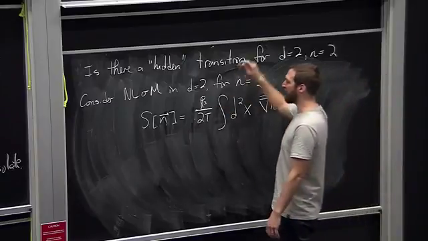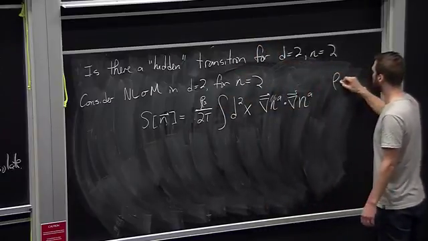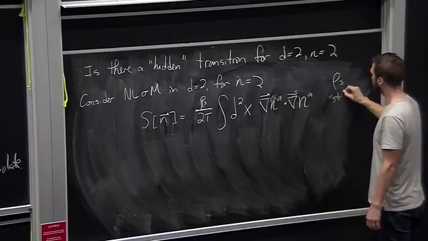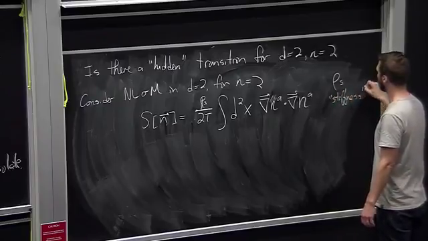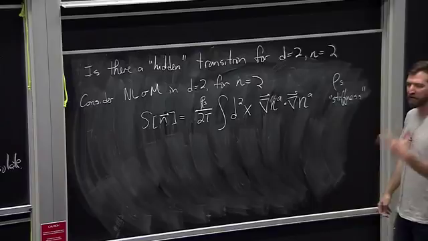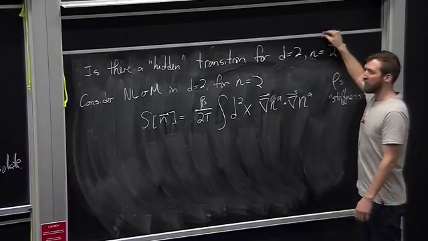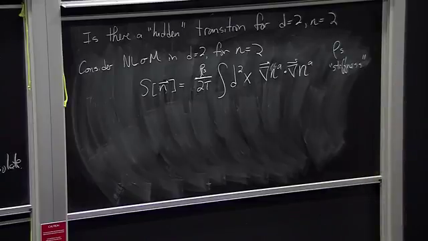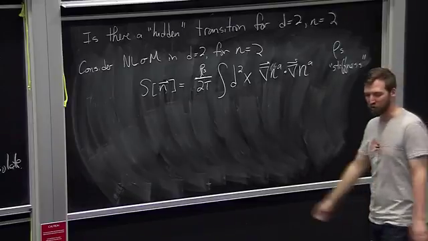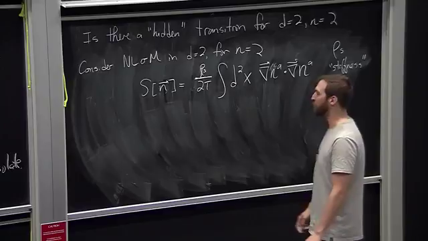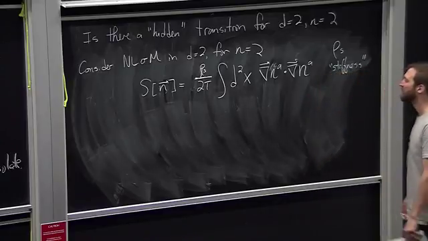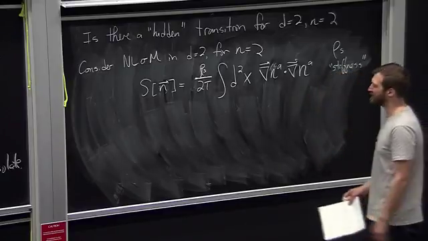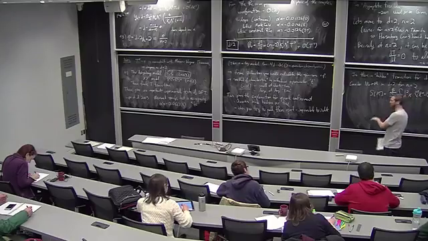Let me just put a parameter back in there, and rho s is stiffness. This relates to something that I asked you to calculate in the computational assignment for the XY model. So it's just 1 for now. It's just a parameter that I'm going to drag around. Okay, so that's just the starting point for our action.